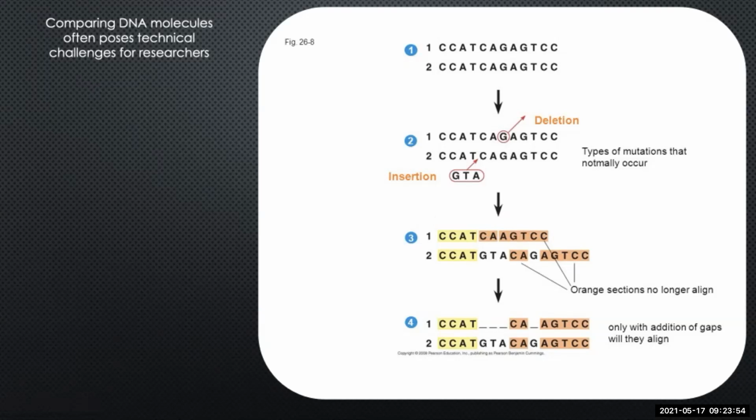If you have something like this insertion of a GTA, you're actually adding an entire amino acid that's going to be coded for there, right? You could drastically change the structure of that gene by just adding a new type of amino acid. It's going to change the way the chemicals react. It's going to change its properties.